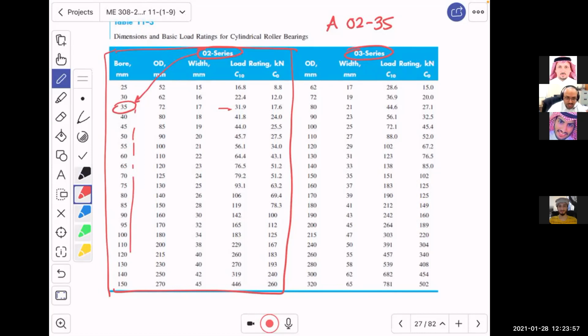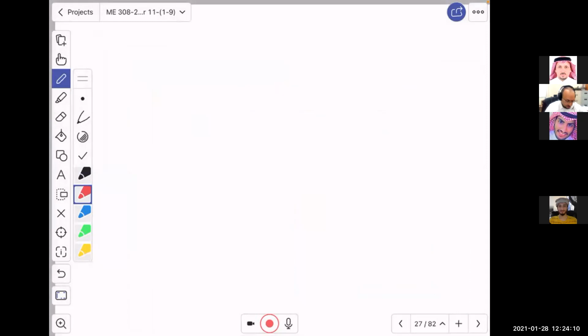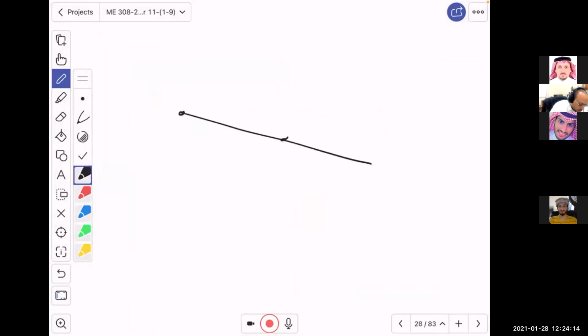Now, what is interesting is how much you guys have evolved from 307 to 308. When we design a shaft, like the one we have now, all we did is draw a free body diagram, and then we put forces and moments and torques, and there is no measure.